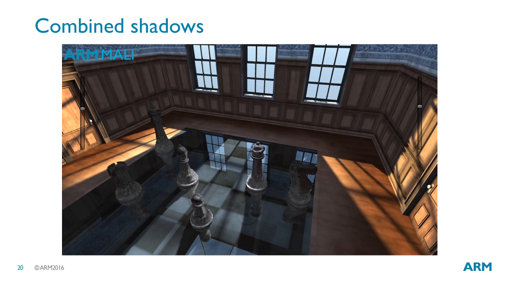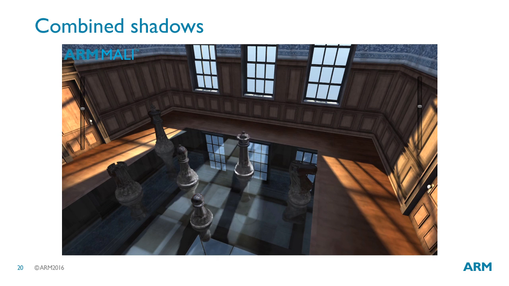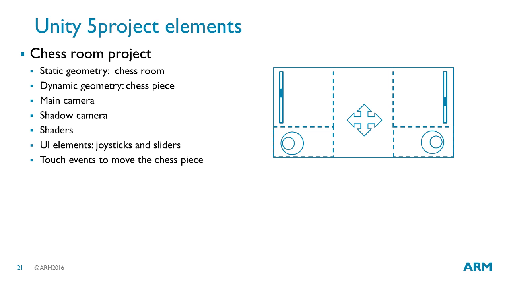And the shadows coming from the windows, which are static geometry, are rendered using this shadow rendering technique based on local cube maps. This is what we have in our project. So we combine both types of shadow rendering technique.